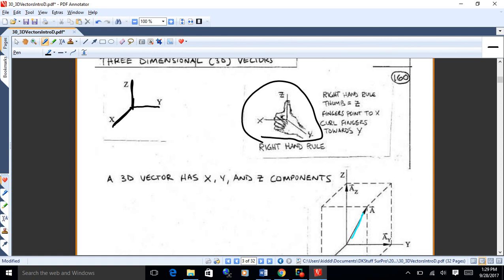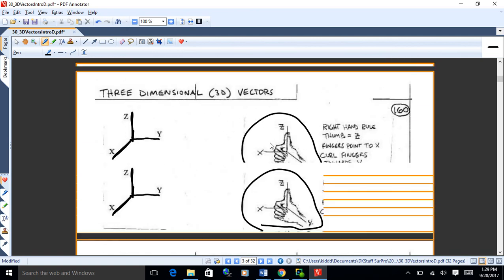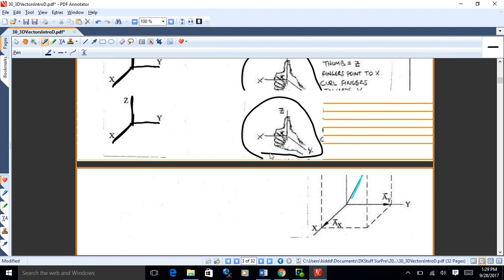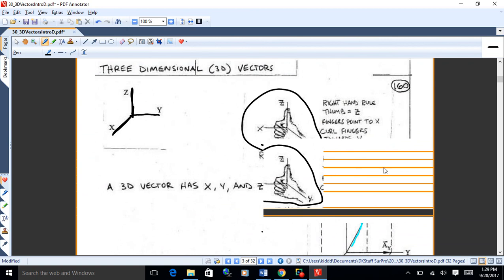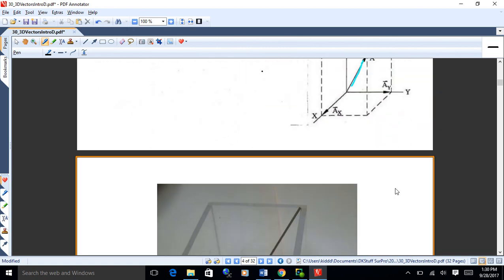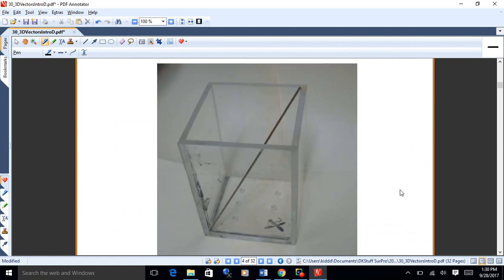Okay. So what we can do now, if we're in three-dimensional space, is define a vector in terms of its x, y, and z components. So if I take a vector, which is represented by that little wire there, that piece of welding rod, and run it in three-dimensional space, what I could do, I can draw a box around it, okay?